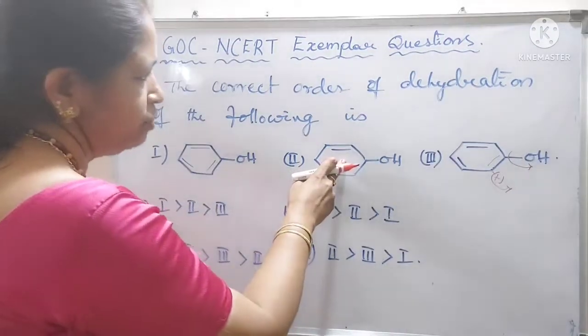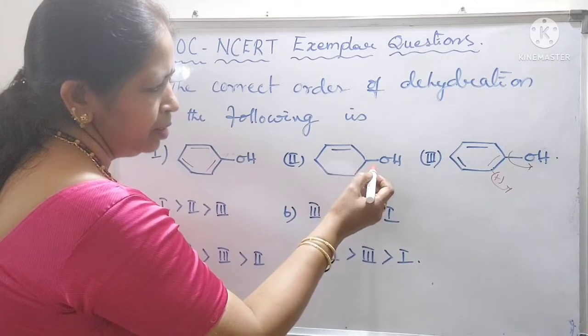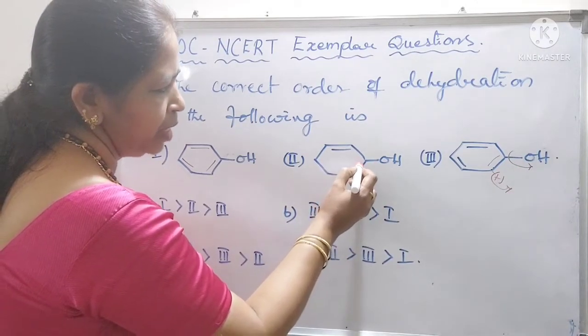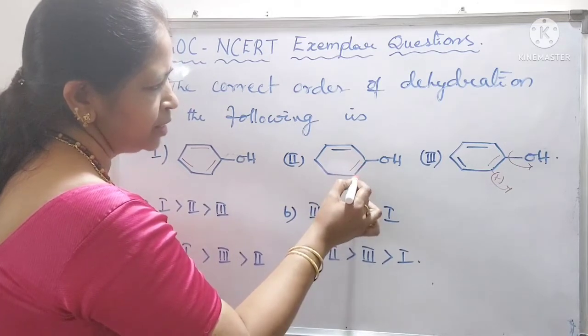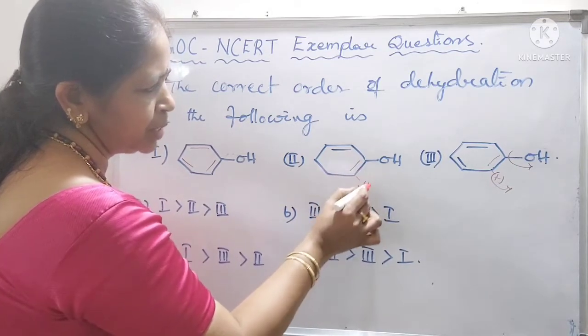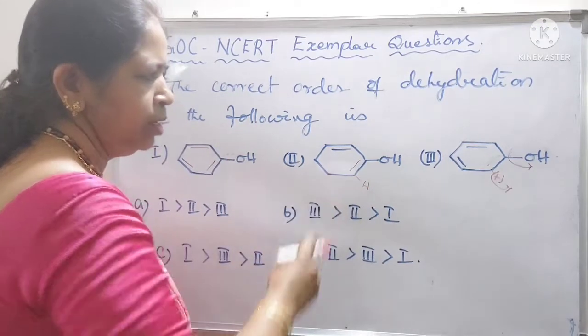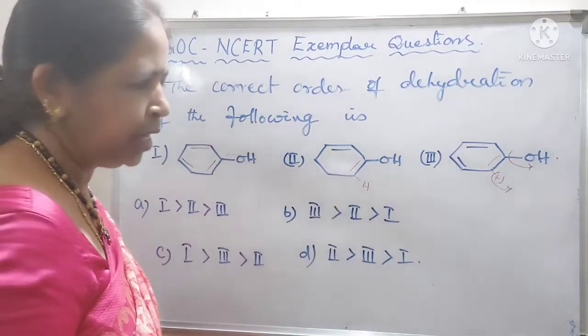And this second one, on undergoing dehydration, forms a conjugated double bonded system. Hydrogen is eliminated from this carbon and it forms a conjugated system, so it undergoes dehydration more or less readily.